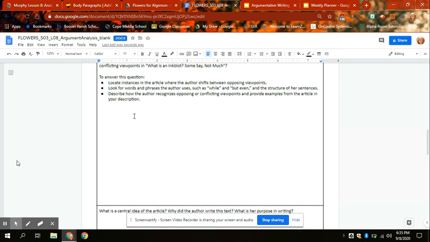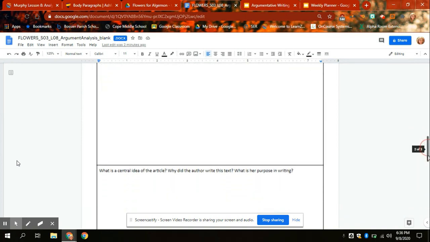Okay, using transition words to go back and forth between positives for the Rorschach test and negatives against it. They talk about phrases such as while, but even, and then describe how the author recognizes these opposing or conflicting viewpoints, providing examples from the article in your description.